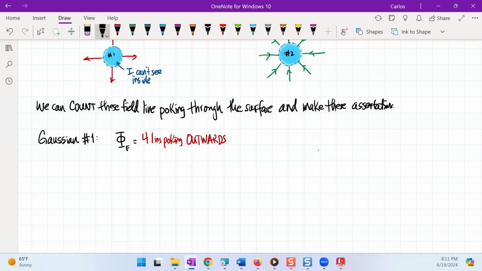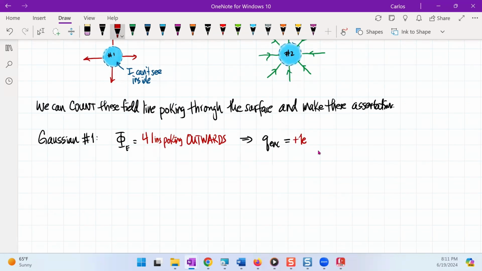That immediately tells me, because of our reference, if I see 4 lines, that the Q enclosed must then equal plus 1e.